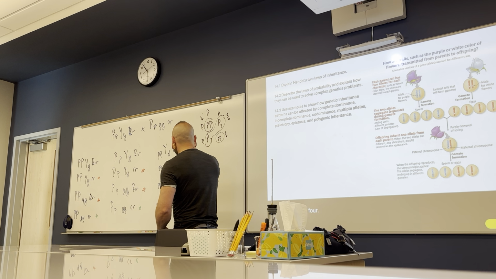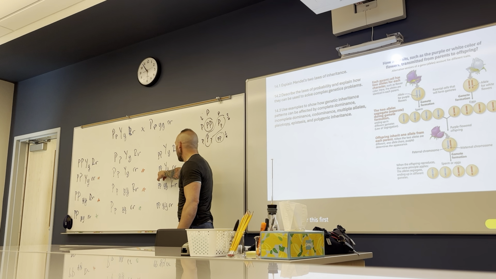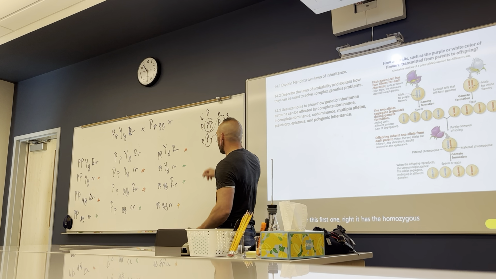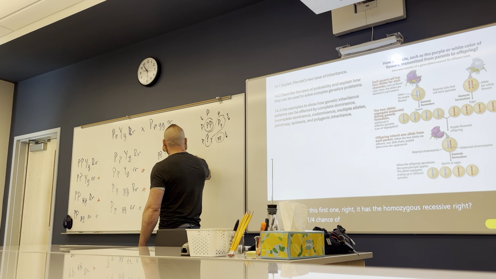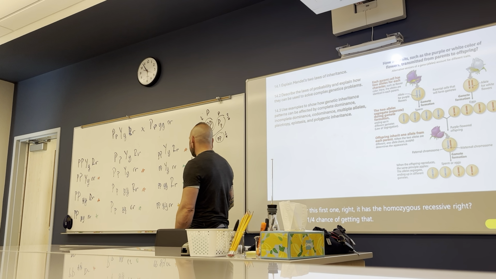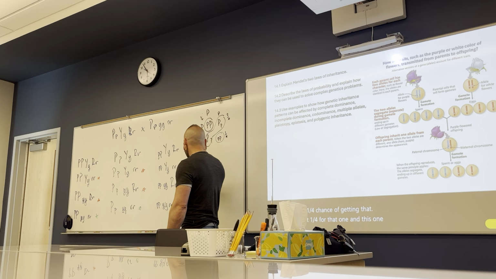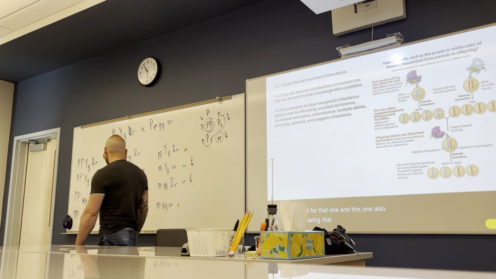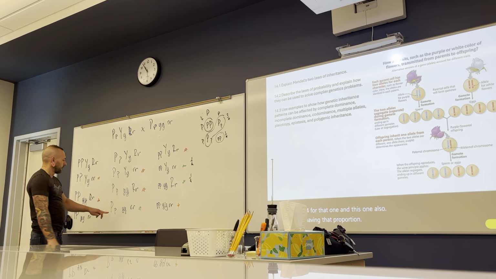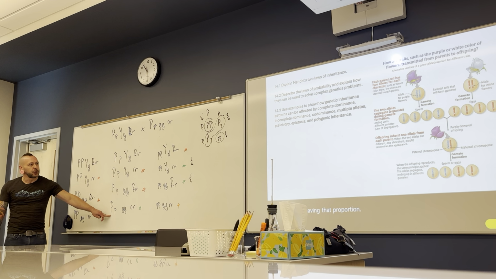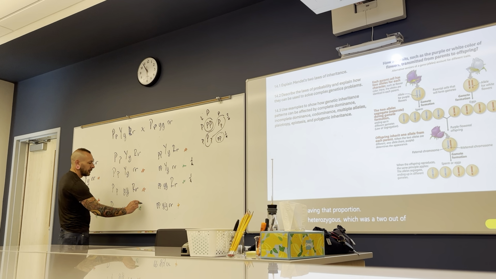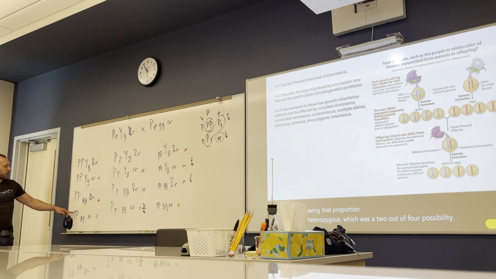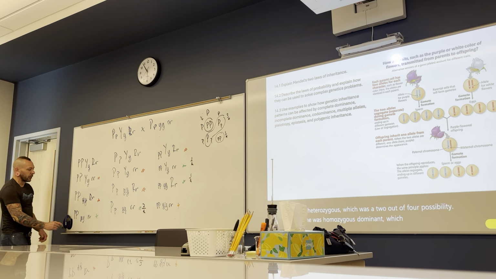So for this first one, it has the homozygous recessive, which is a 1/4 chance, so I'll just put 1/4 for that one. This one also has 1/4 for that proportion. This one is heterozygous, which was a 2/4 possibility. And this one was homozygous dominant, which again was a 1/4 possibility.